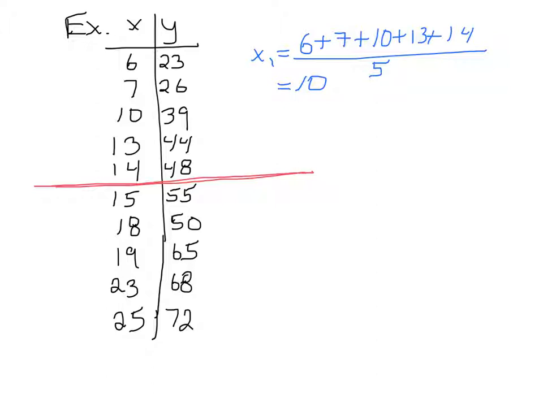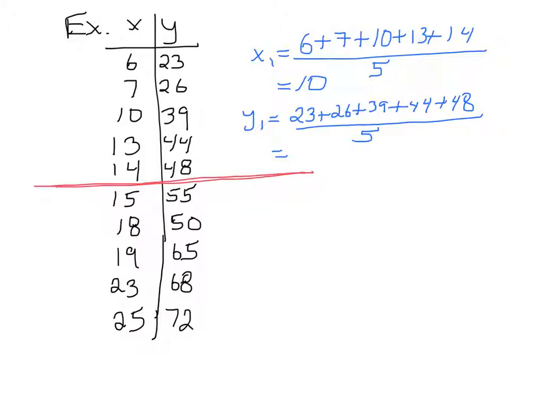My y1 is going to equal 23 plus 26 plus 39 plus 44 plus 48 divided by 5. And I think if you do that, you'll get 36 as your answer.